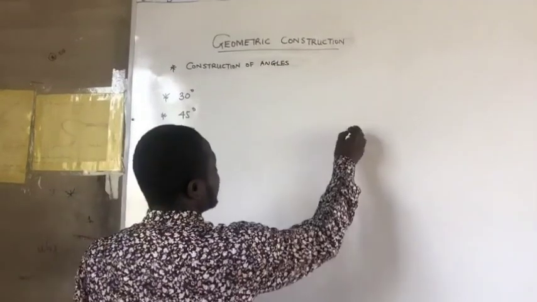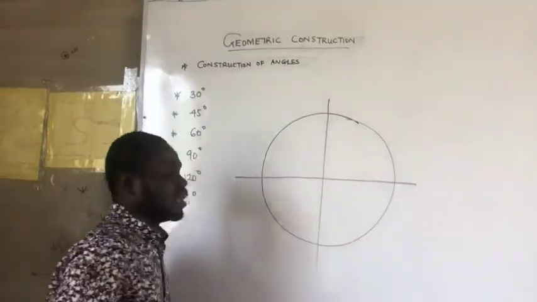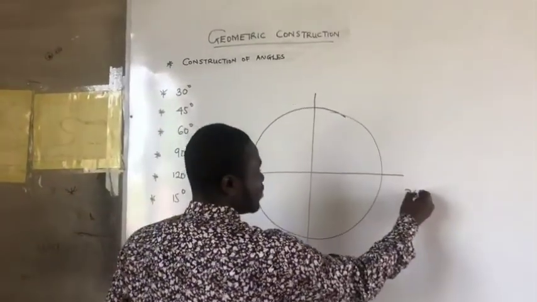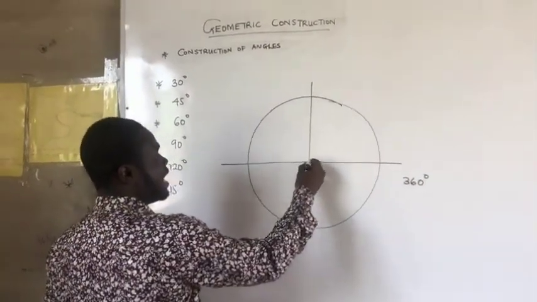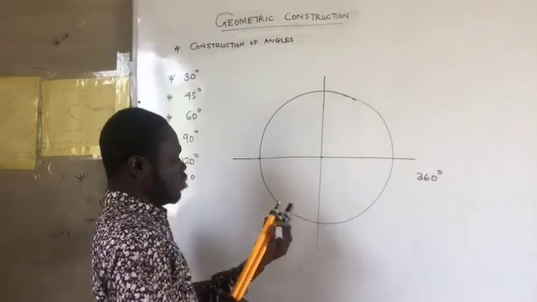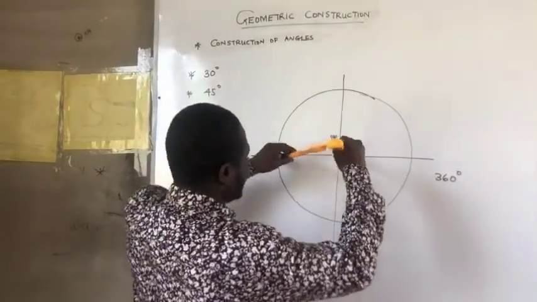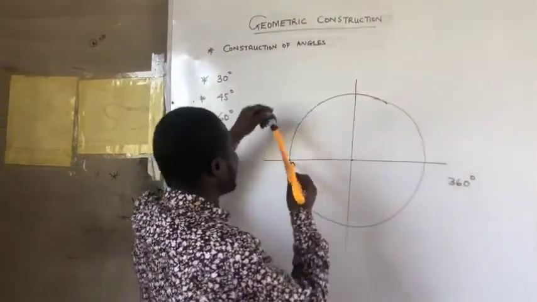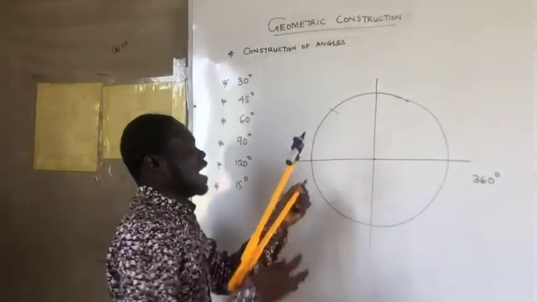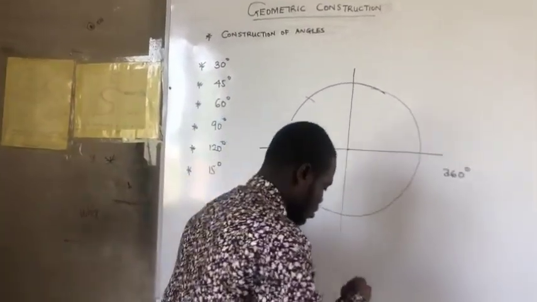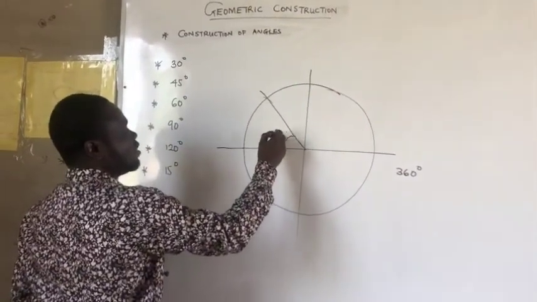Now, if we take a circle for instance, the total interior angle of a circle is 360 degrees. And so it means that when we take the length from here to here, the radius, sorry, and we take the radius of this circle and we start at any side of the circle, and produce an arc on the circle, that arc has an angle of 60 degrees.